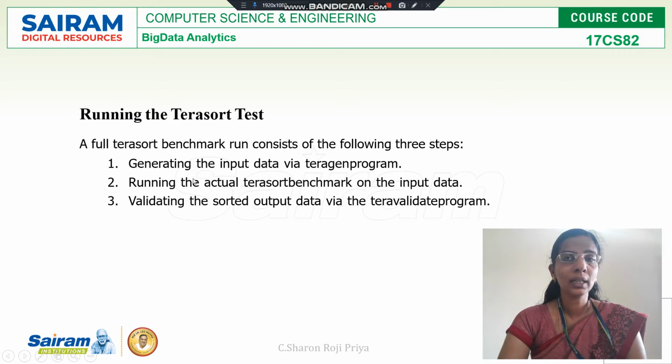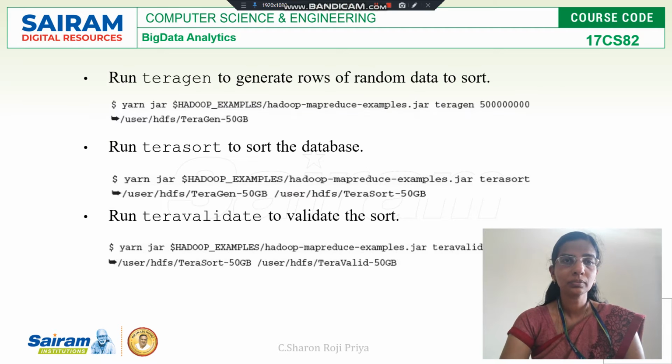And then the second step is I have to run my benchmark, the TeraSort program, to sort these randomly generated numbers. Next I have to validate the output generated using the TeraValidate program.